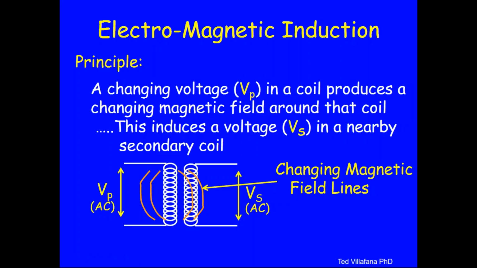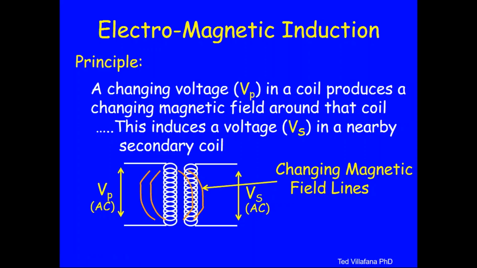We just finished electromagnetism that said electricity produces magnetism. Now we're saying magnetism produces electricity. There'll be an electric current. There'll be an electric voltage in the secondary coil. That's the idea of electromagnetic induction.